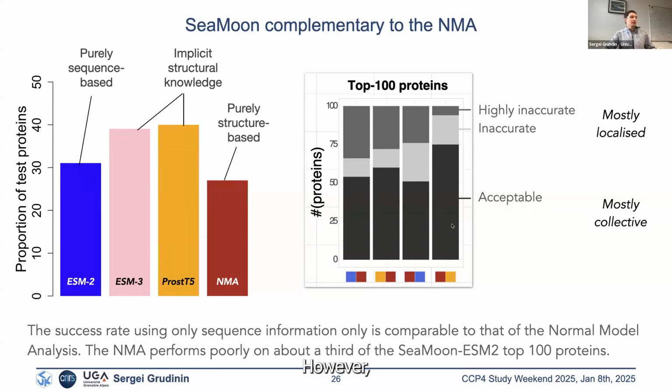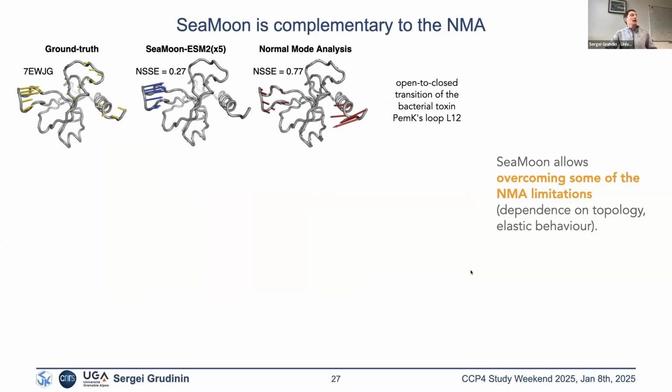However, nearly 75% of the cases predicted by the NMA can also be predicted by the PROST5. And these are the cases which cannot be predicted. These are two cases which cannot be predicted well by the normal mode analysis.